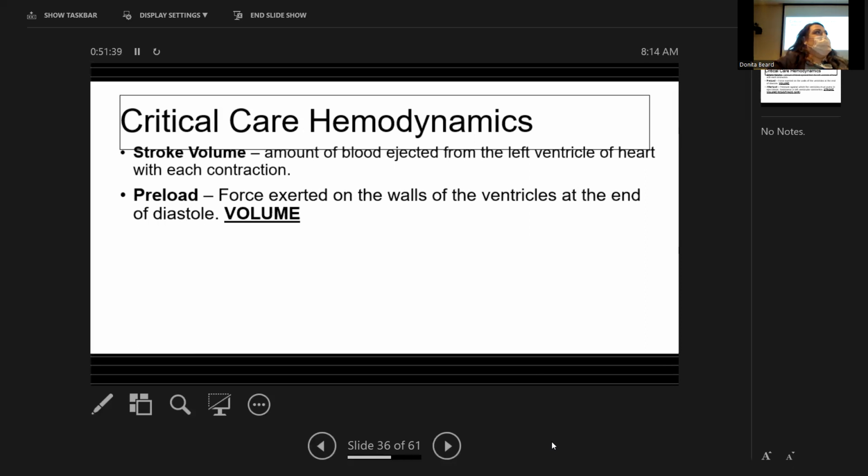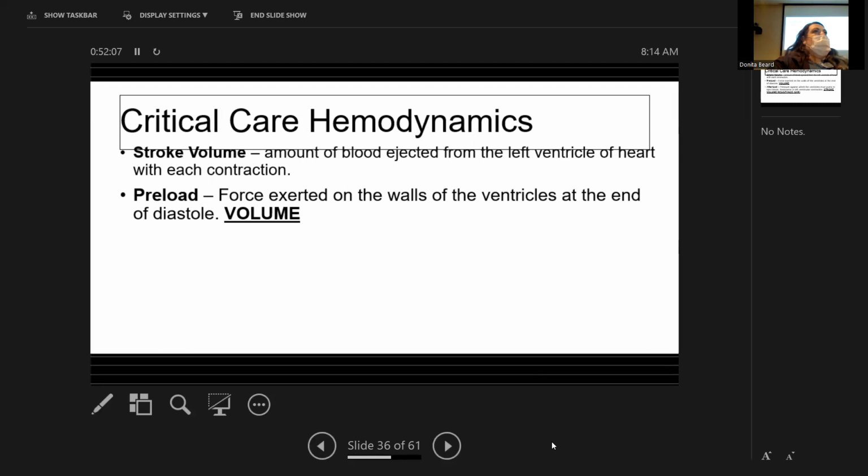Preload, that is the blood that is coming to the heart and that's in the heart. So really that is a volume issue, and we're going to look at the Frank Starling curve in a minute, but things that alter preload are volume. So you will drop somebody's preload if you remove volume, so diuresis, dialysis, CRRT. You will also drop their preload if you drop what's coming back to the heart.